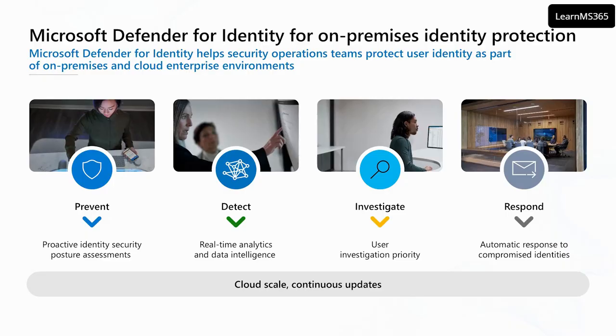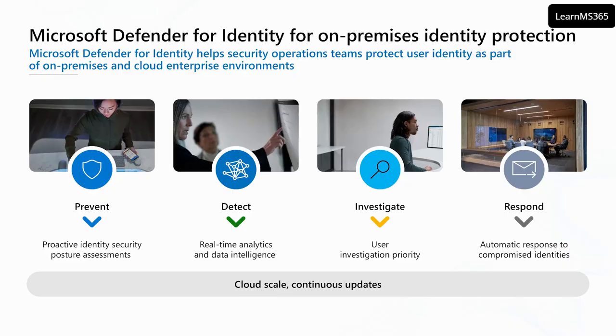Automatic response to compromised identities can be given via Defender for Identity, and it can go ahead and suspend the accounts, or mandate password resets as well. The key differentiator is that Defender for Identity understands AD at a deep level. It knows what normal AD traffic looks like, so it can detect the subtle anomalies which attackers use to move laterally.